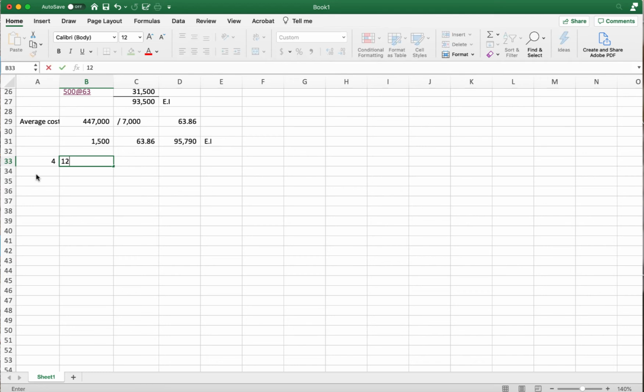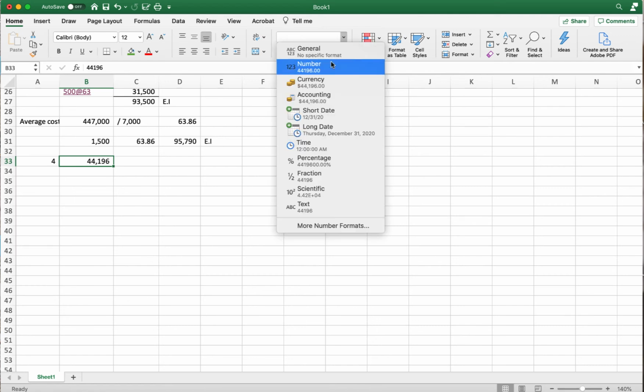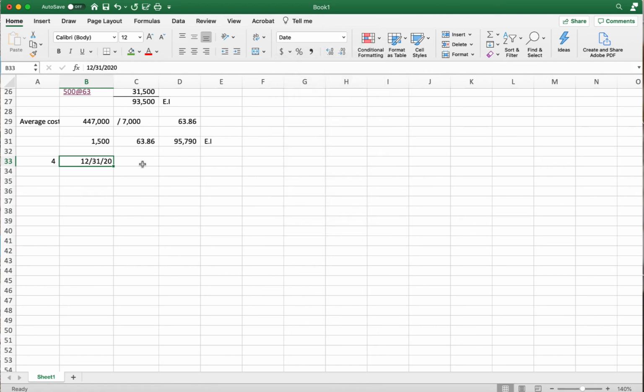So on 12/31/2020, I need to know what is my current year's cost, and I also need to know what the base year cost is, okay? So to figure out what my price index is, oh, sorry.